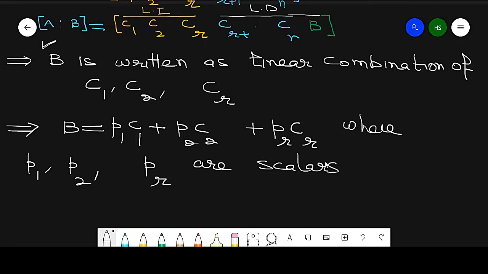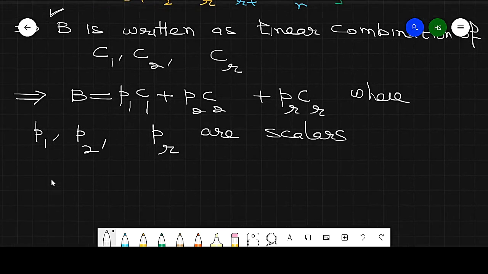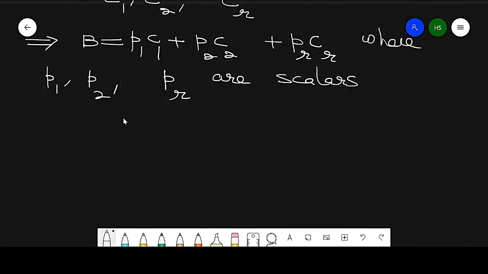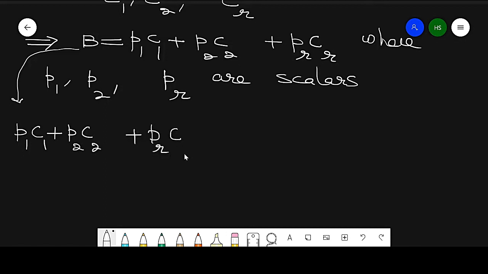So we can write B in this form. Now this equation can be written as P1 C1 plus P2 C2 up to PR CR, right?